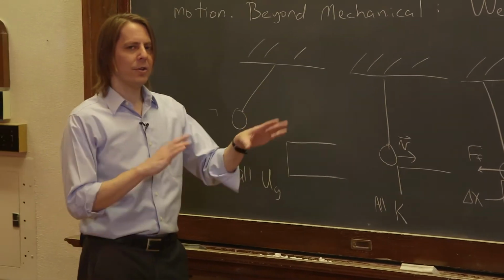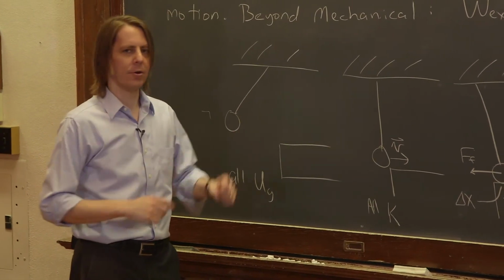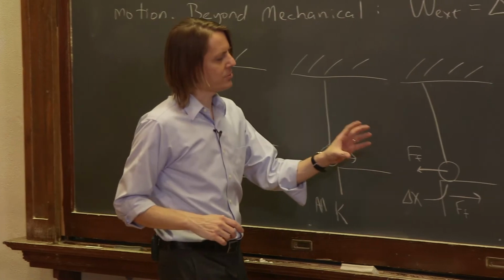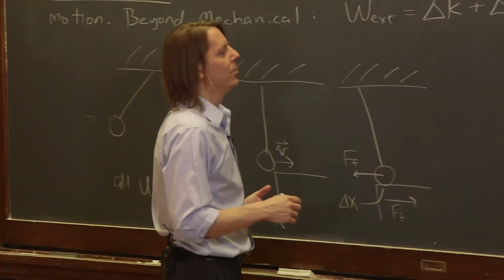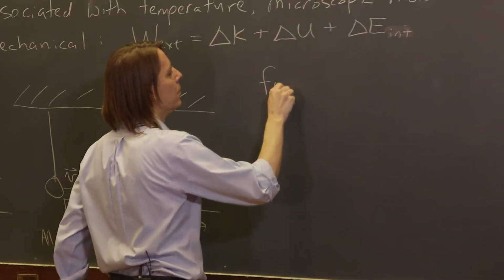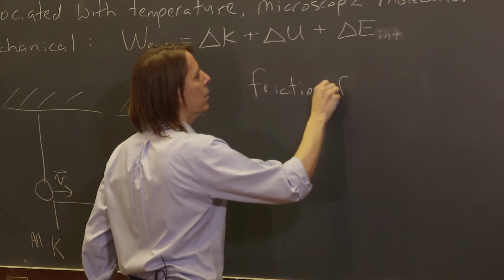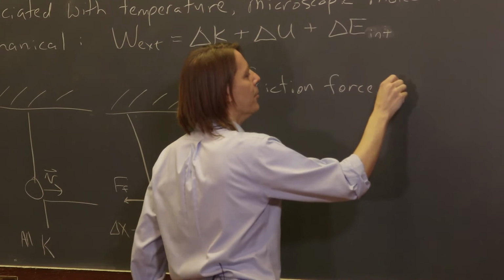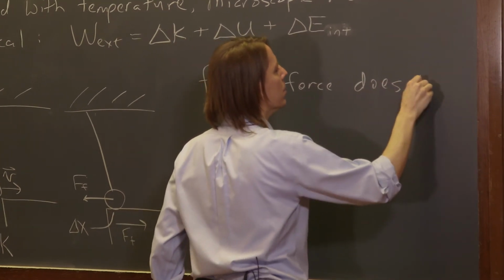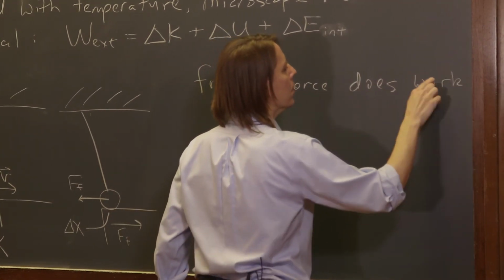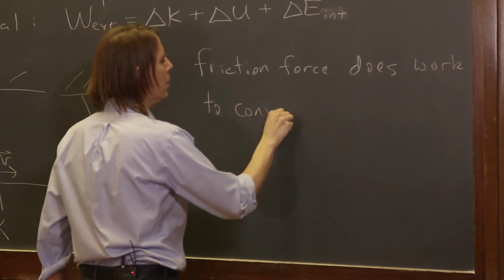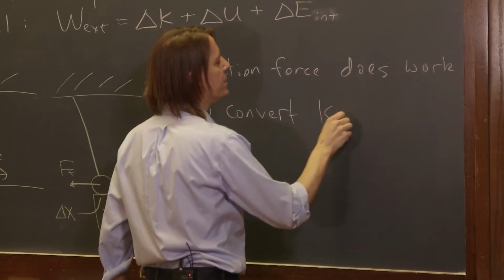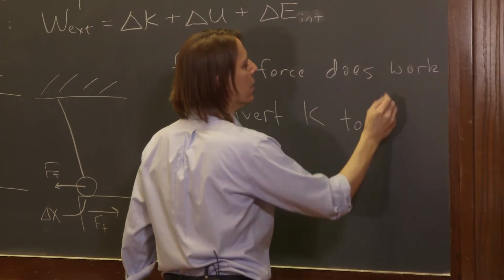So clearly there's some transfer of energy, there's some work done here. So the mass pushes on the block, the block pushes on the mass, and this is where internal energy comes in. So the friction force does work to convert the kinetic energy to the internal energy.